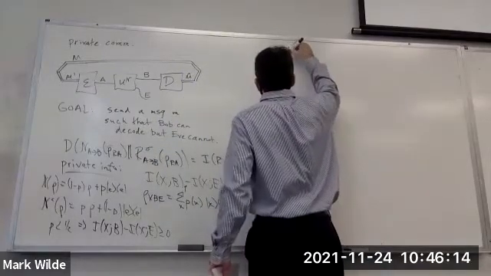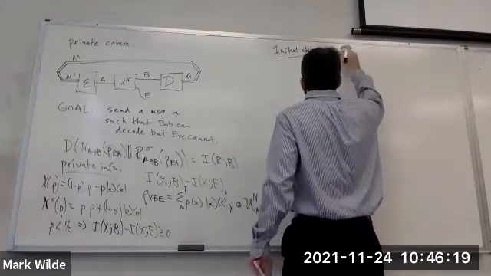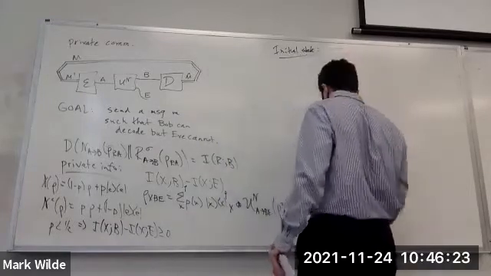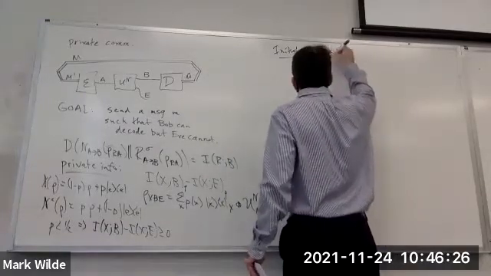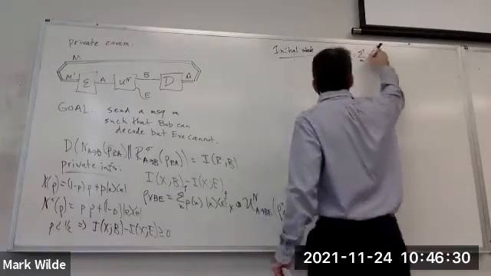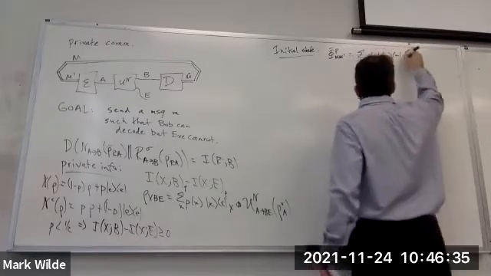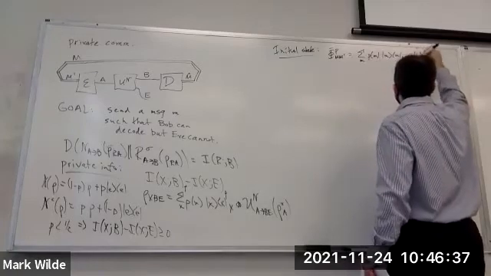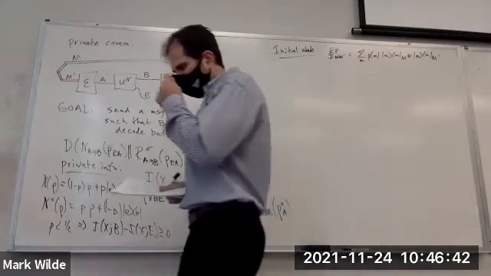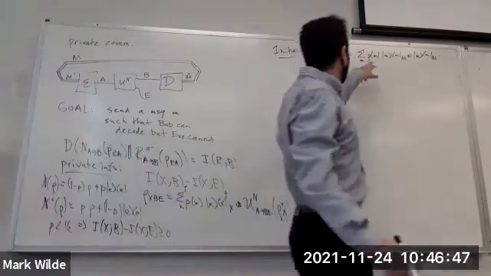Initial state of the protocol. We'll call it phi P. So that's the same as before, and it's just Alice picking a message according to this distribution.